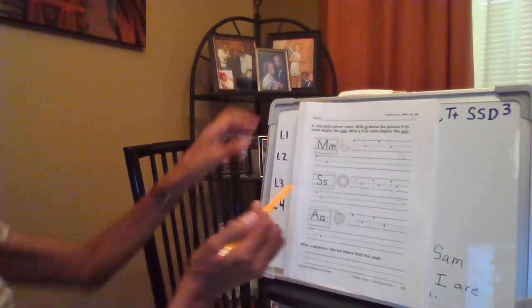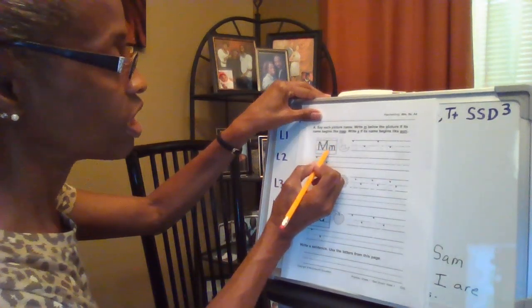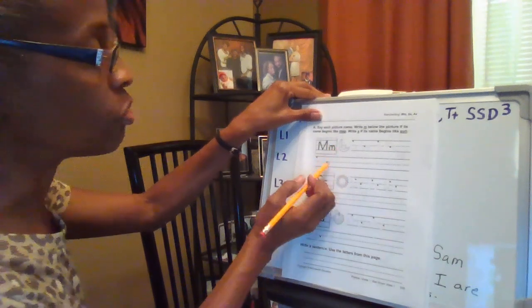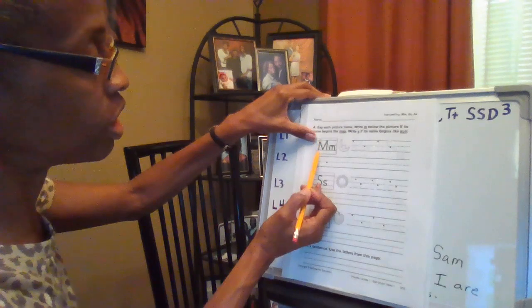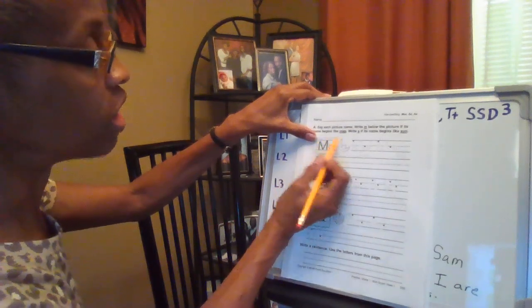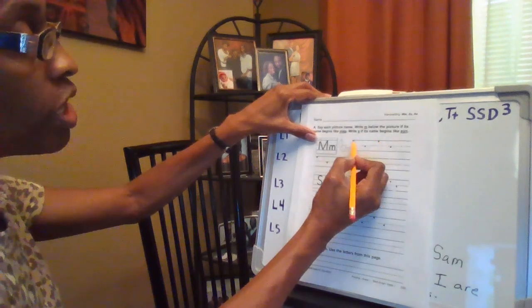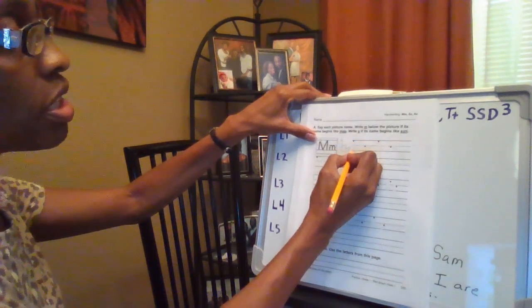And then lowercase m has 1 straight stick and 2 side humps. Okay, so when you start capital M, you always start at the dot. That's what the top dots are for, your capital letters. So you want to start at the dot.